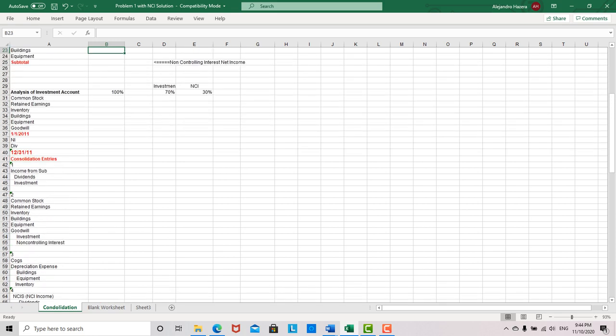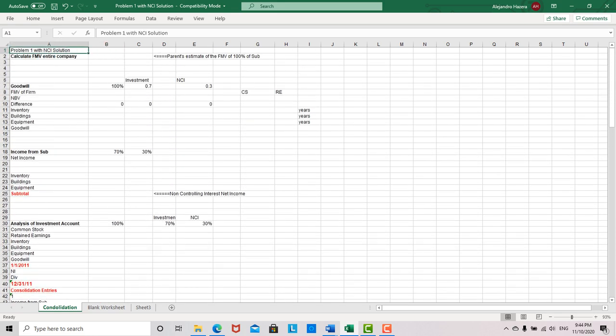Okay, so in the preliminary calculations, we're going to have the usual calculations. And keep in mind that the big difference between this consolidation and the one you're doing for homework is that this one is not a 100% acquisition. It's only a 70% acquisition.